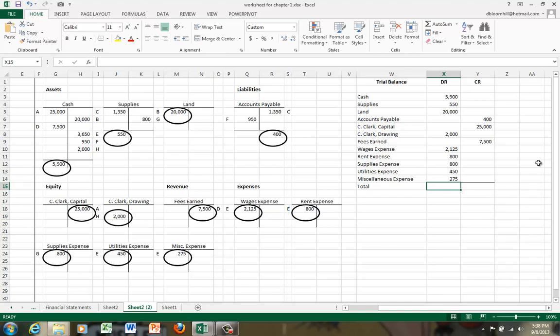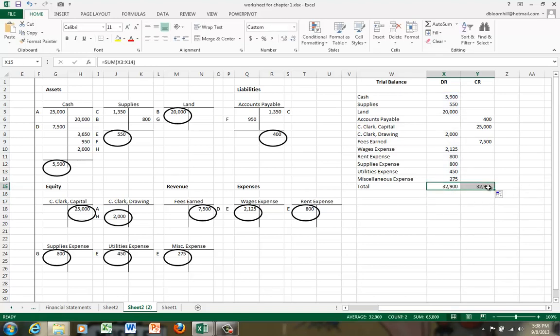So now the last thing we do is add up all of our debits and all of our credits, and if we balance, we're extremely happy because we're basically done with the whole process. So I'm going to add up all of my debits. That's why it's called a trial balance, because we try to balance. So I'm going to add up all of the debit numbers. If I add up a blank cell, it just adds 0. So notice all of my debits add to 32,900.